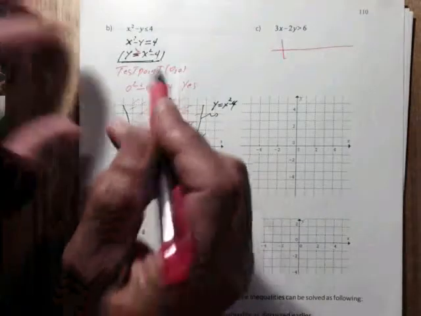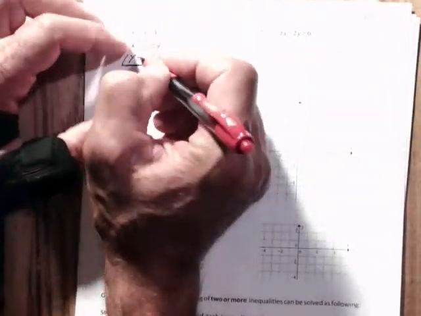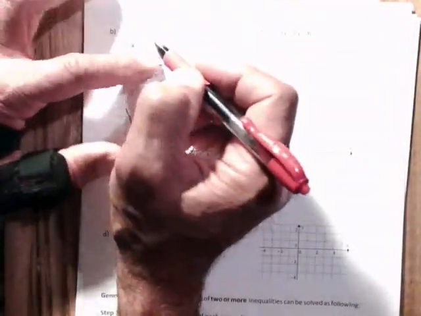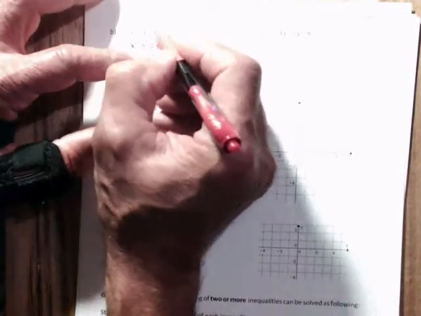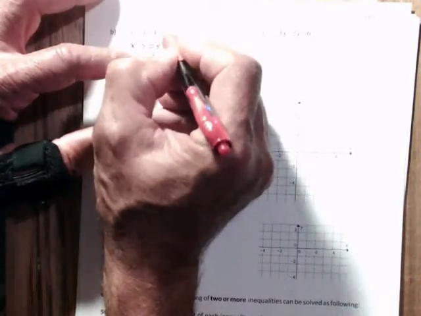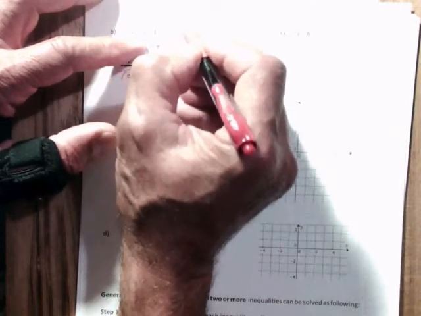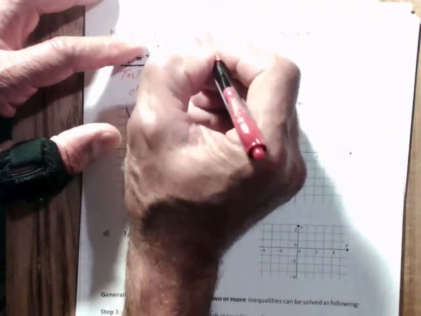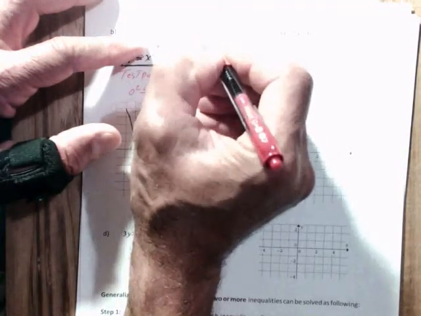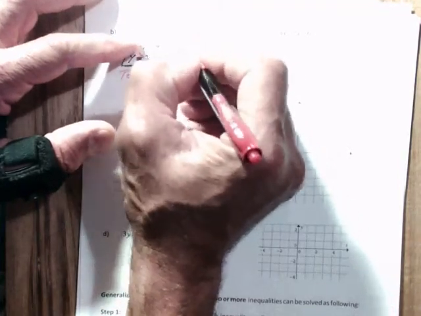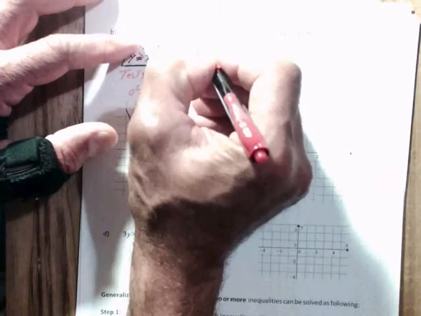So let me just work it out up here. Let's not mess with this equality. Take y to the right side and 4 to the left side. So x squared minus 4 less than or equal to y. That means y bigger than or equal to x squared minus 4.